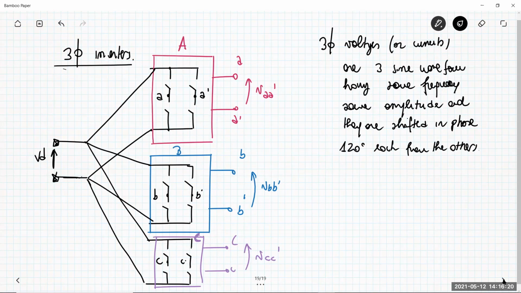Okay, this is basically the three-phase configuration.